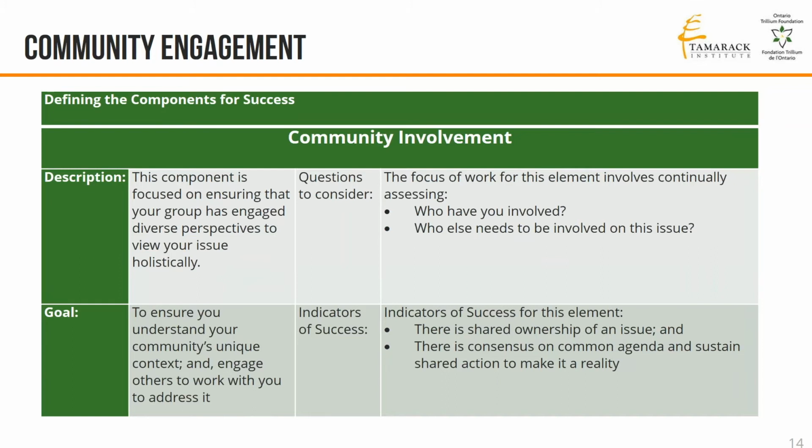So what is preventing us from achieving higher and higher graduation rates? What are the things that are preventing it, and what are some of those things that are enabling it? There are some questions here and some indicators for success. And the indicators here are really important. Community engagement is really about trying to create this notion of shared ownership of the issue.